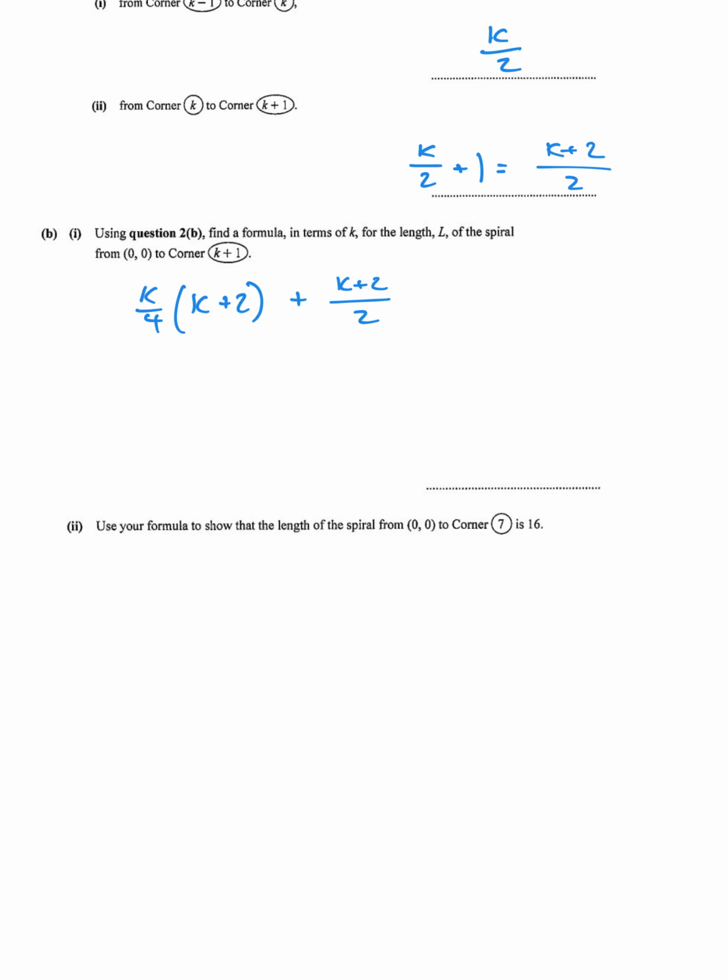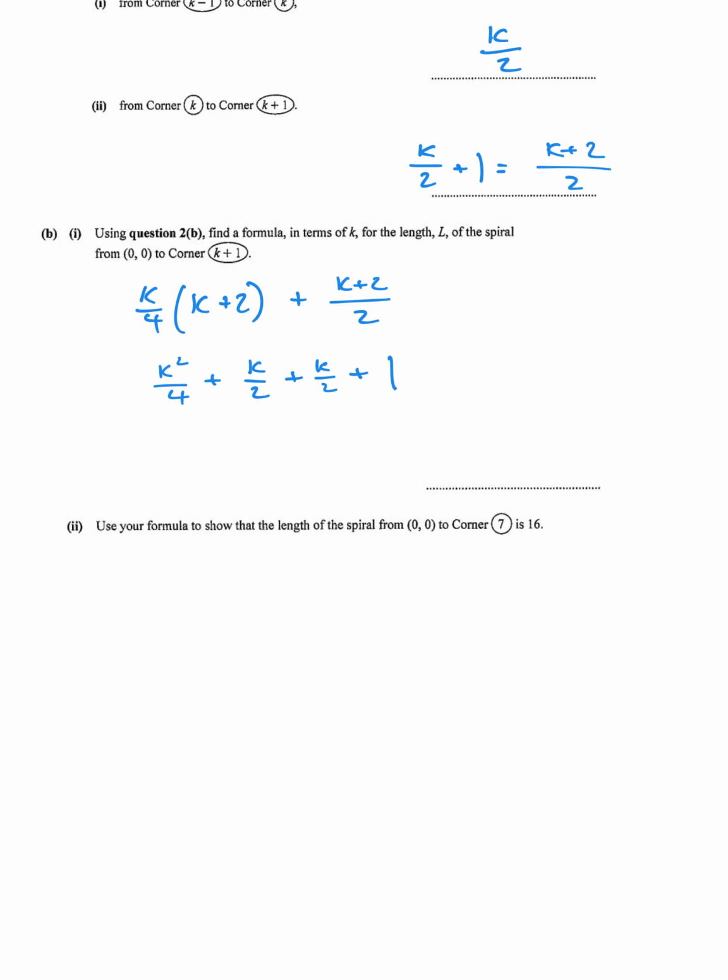Expand brackets, simplify where possible. We get k squared over 4 plus, well, it's going to be 2k over 4 or k over 2 plus, if I now split this fraction up, k over 2 plus 2 over 2, which I'm going to write as 1.